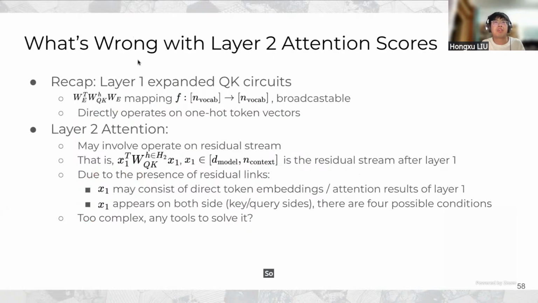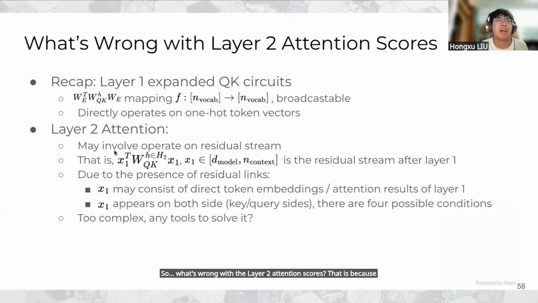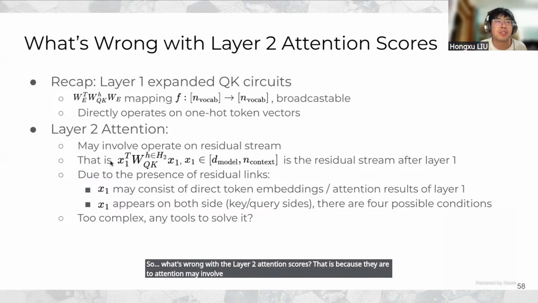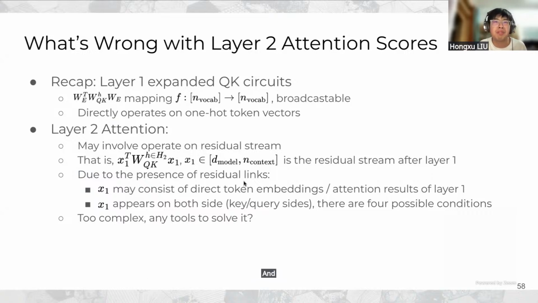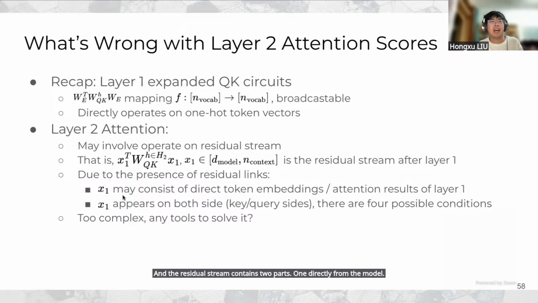So what's wrong with the layer 2 attention scores? That is because layer 2 attention may involve operations on the residual stream. And the residual stream contains two parts, one directly from the model embedding, and another from the results of the layer 1 attention heads.